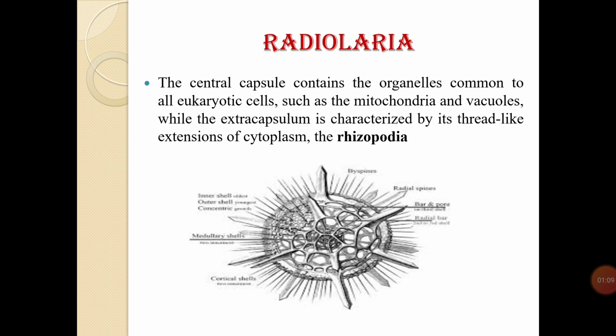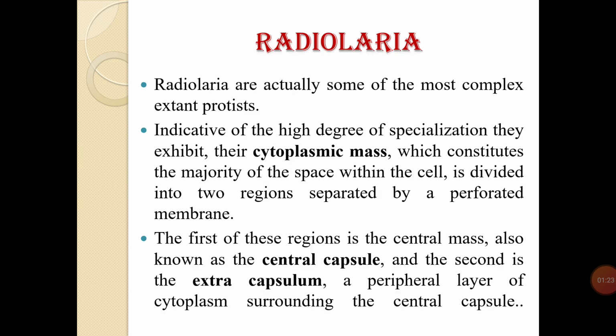There are two particular regions: the extracapsular region, which is known as the cortex, and the intracapsular region, which you can also call the medulla. The first of these regions is the central mass, also known as the central capsule, and the second one is the extracapsule, which can be called the cortex.